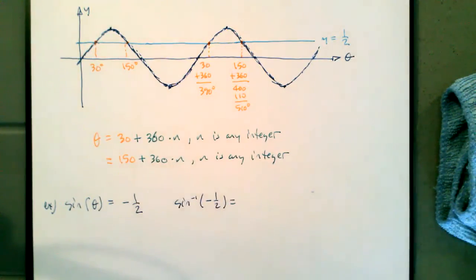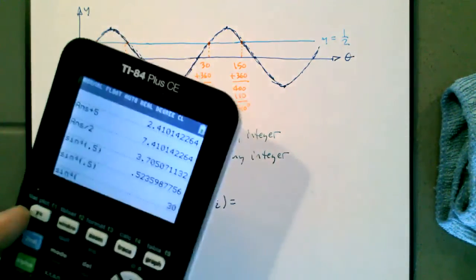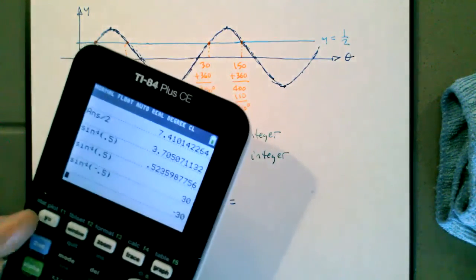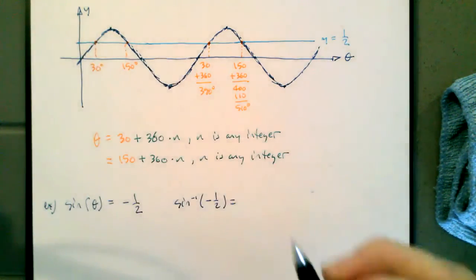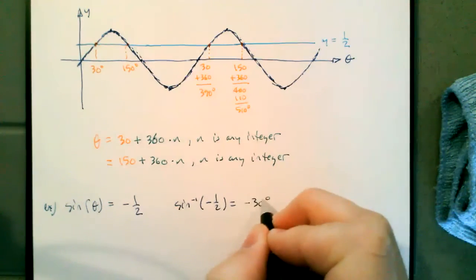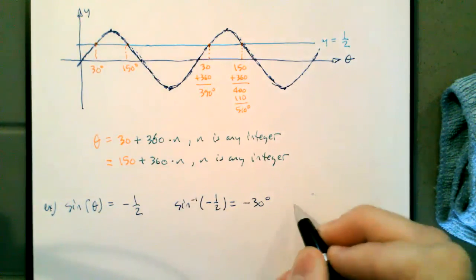We won't get 30 because sine of 30 is positive 1/2. But if we do sine inverse of negative 1/2, we'll get negative 30. Negative 30 is in the fourth quadrant.